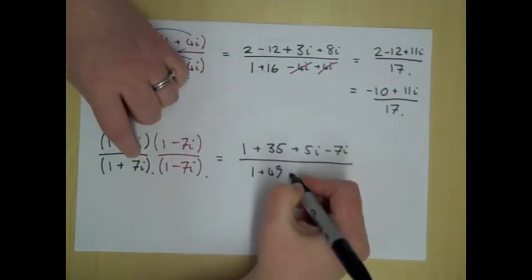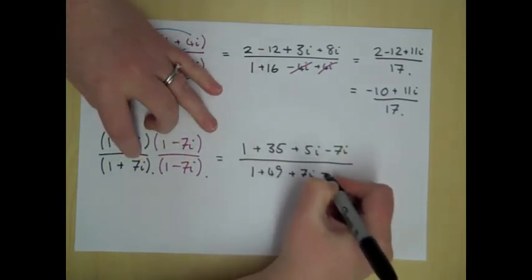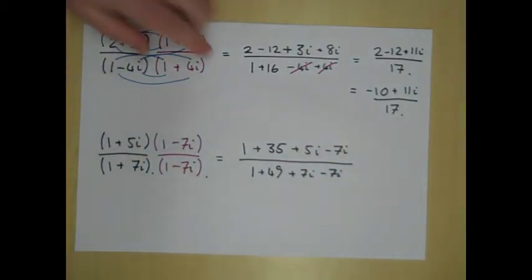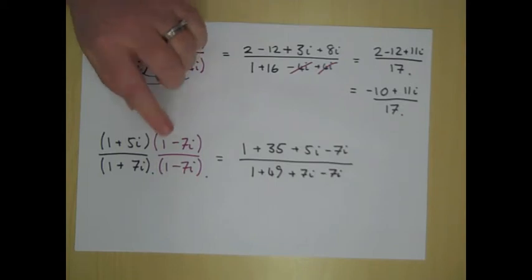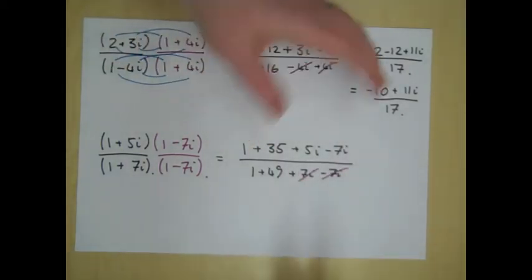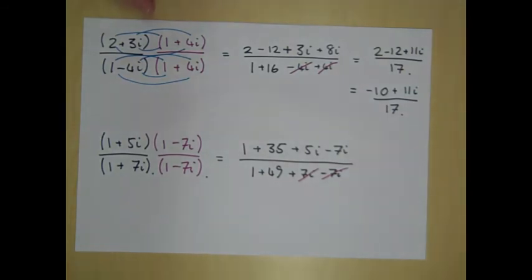And then I have plus 7i minus 7i. If I just get rid of my plus 7i minus 7i, one plus the same thing minus it is just equal to 0.